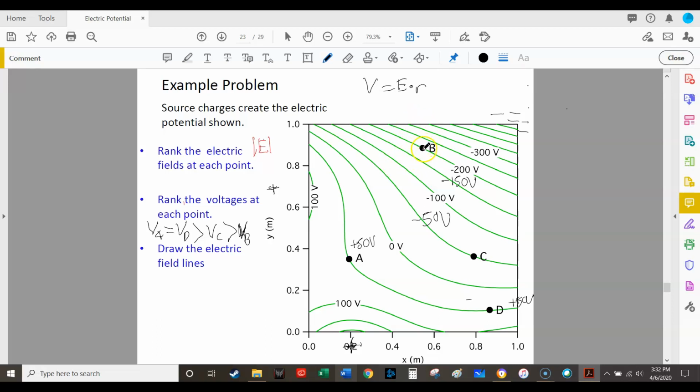So that means this is going to be a strong electric field here. And they seem to get further and further spaced apart. So if they're spaced apart, then the electric field is going to get weak. It's going to be weaker over here. And C and D look like they might be the same thing.